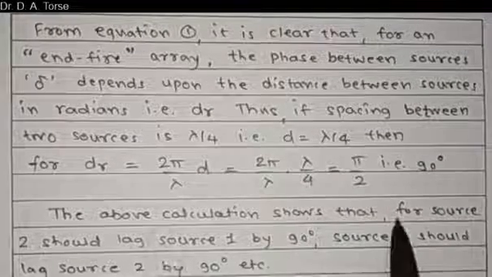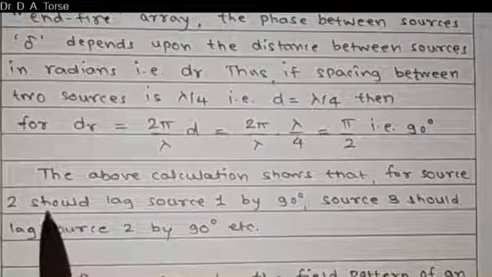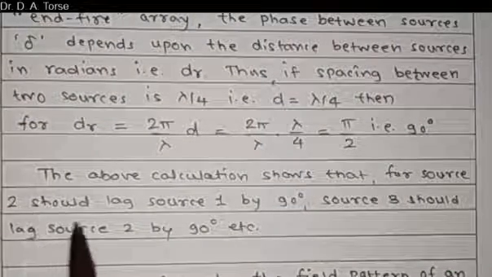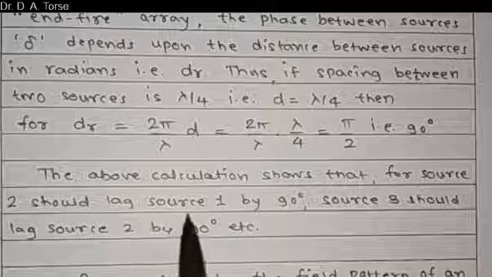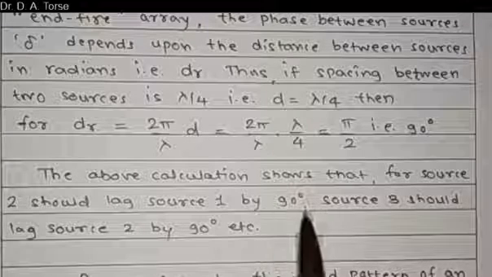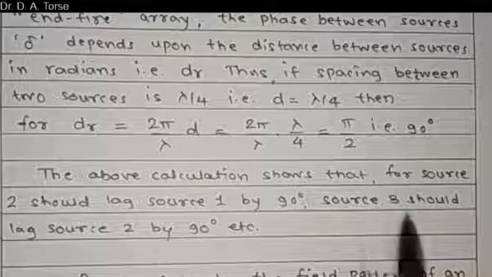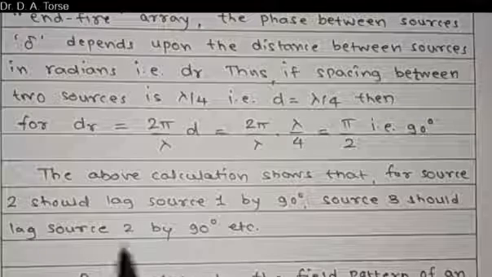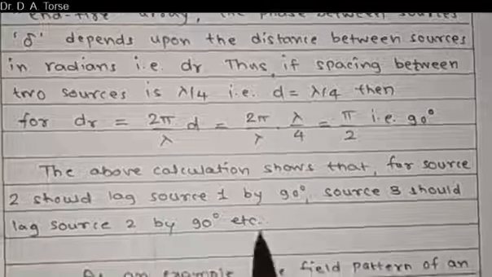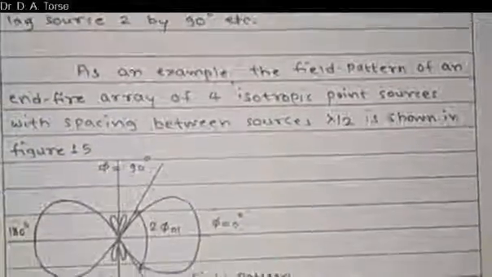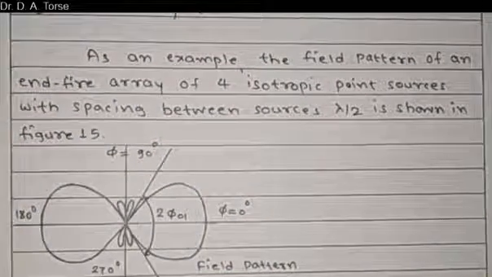The above calculation shows that source 2 has a phase lag compared to source 1 by 90 degrees, and similarly source 3 lags by 90 degrees with respect to source 2, and so on for all the n elements. Now we can see the kind of radiation pattern we get from this arrangement.